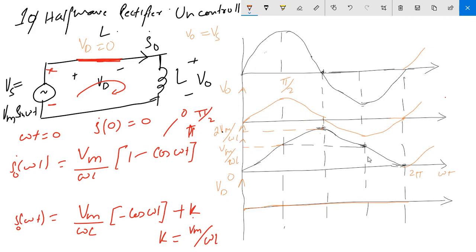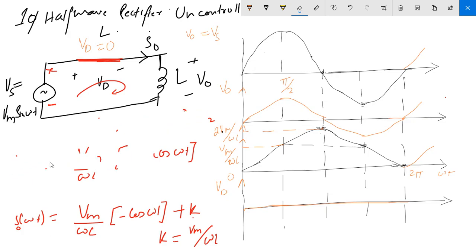That's why we are saying this load is a current stiff load. And always remember, this is very important with respect to power electronics. This pure inductive load is very important. So you must focus on how we have derived this.